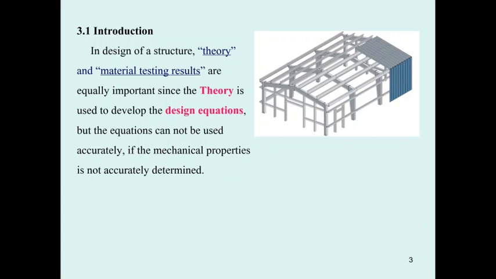And what should you do? Chapter 2 suggests that you reduce the mean by some multiple of the standard deviation. For example, if the standard deviation is 10, and you use the mean minus one standard deviation, you use 290 yielding stress.